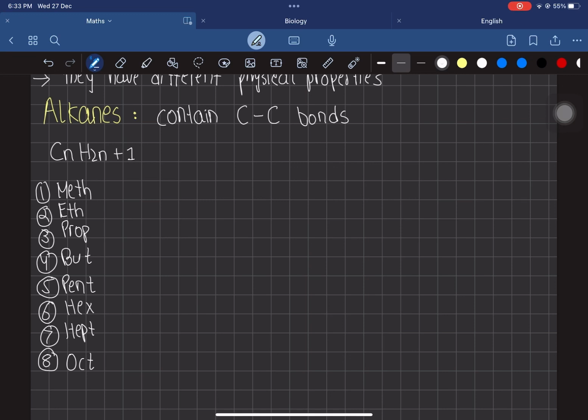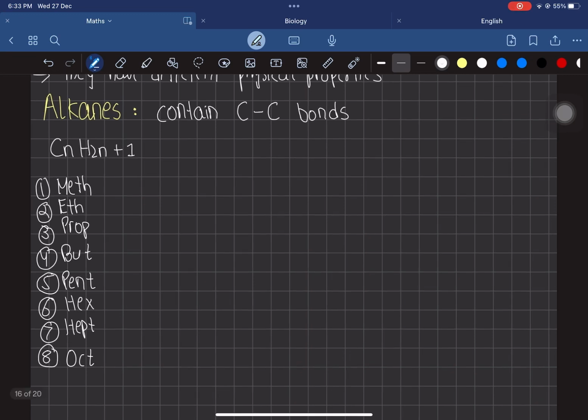Now in the case of alkanes, we will just put the A and E suffix with it.